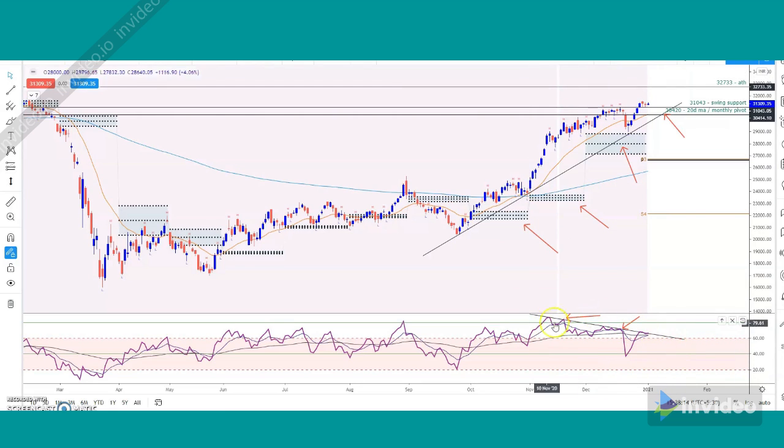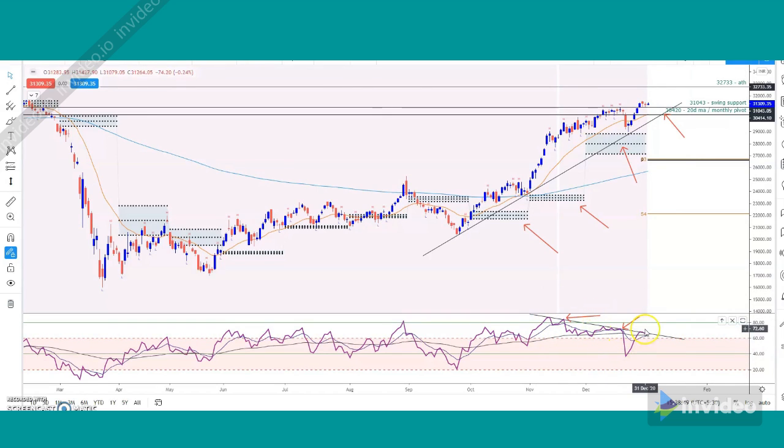This bearish divergence of RSI needs to be validated by a strong bearish price action. For example, let us assume, just in case the price drops below 31,043, this swing support, so just in case the price drops below 31,040 and 31,000 and below levels, that could act as a strong evidence for a validation of this RSI bearish divergence.